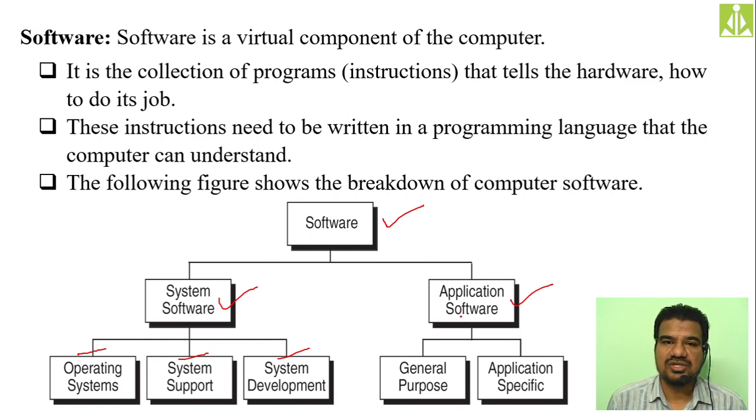Then we have application software. It is also divided into two types: application software, general purpose, and application specific. Quickly we'll discuss all these types with suitable examples so that you can remember. Software is nothing but instructions to the computer. Remember this one. Instructions are the collection of programs.